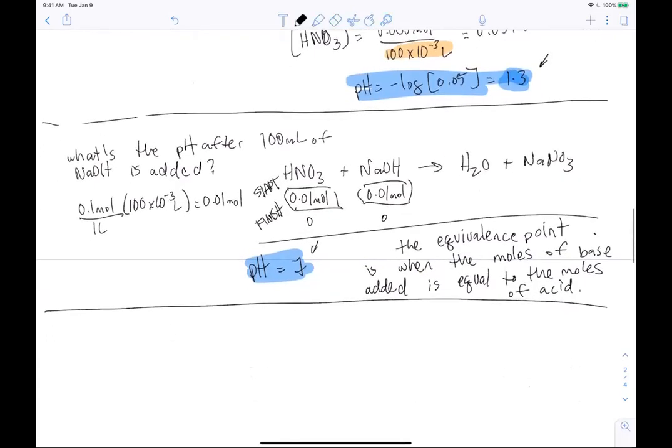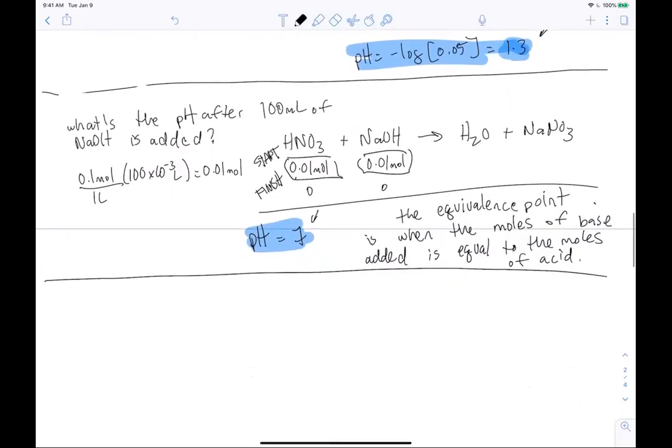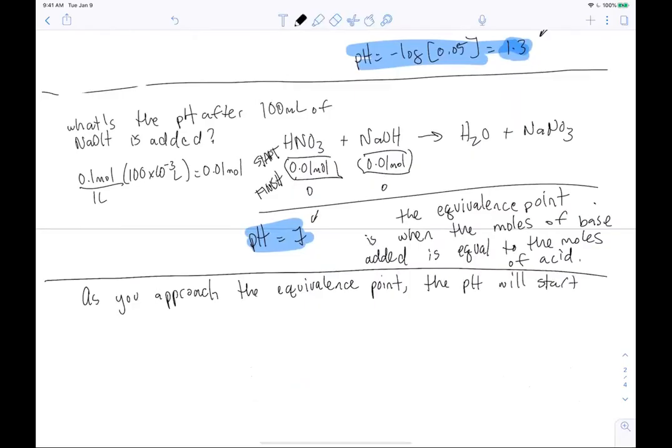As we approach the equivalence point, the pH will start to change rapidly, which doesn't answer your question. It just restates what you're asking about.